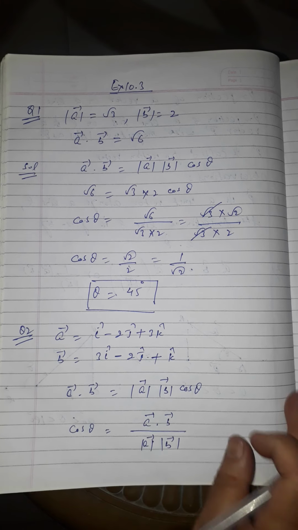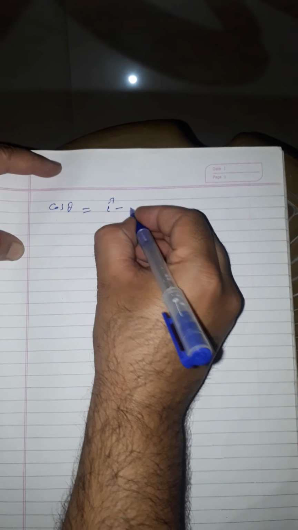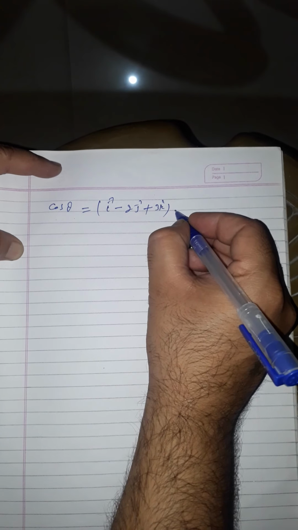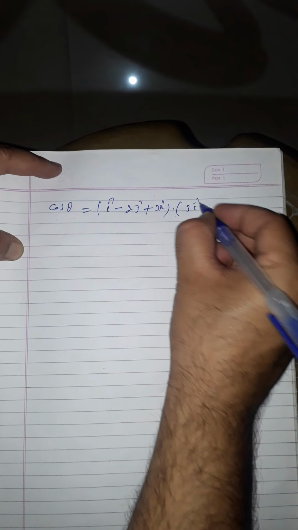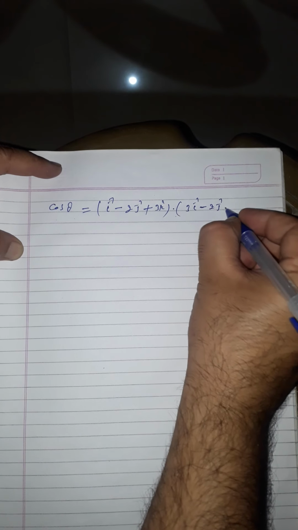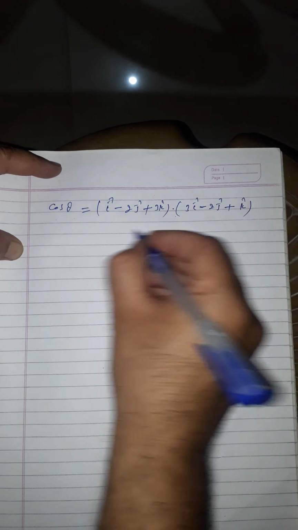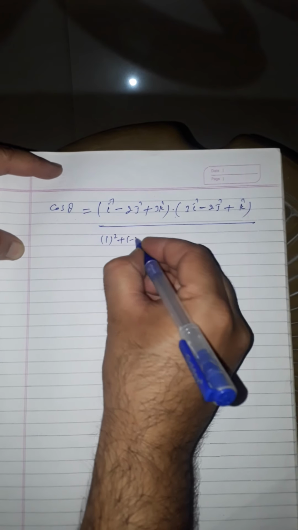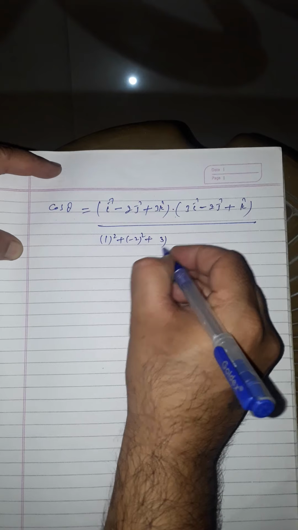Now students, we will put in the values. On putting the values, cos theta will be equal to the dot product of I cap minus 2j cap plus 3k cap with 3I cap minus 2j cap plus k cap, upon their magnitudes: square root of 1 square plus minus 2 square plus 3 square.